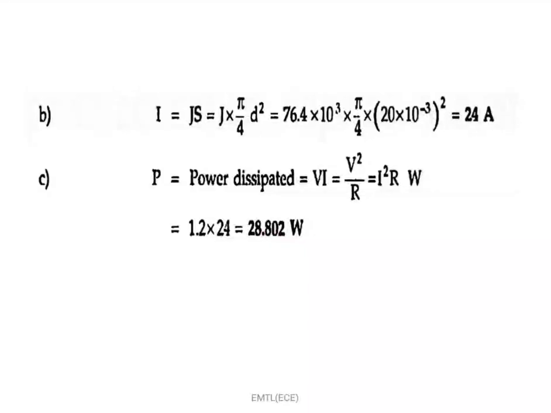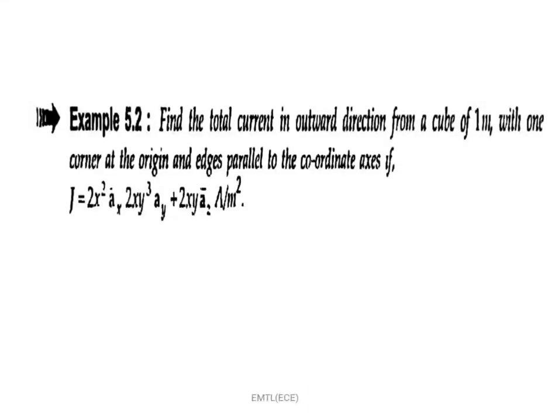Now the next problem. Find the total current in outward direction from a cube of 1 meter with one corner as origin and the edges parallel to the coordinate axis, if J is equal to 2x square ax bar plus 2xy cube ay bar plus 2xy az bar ampere per meter square.